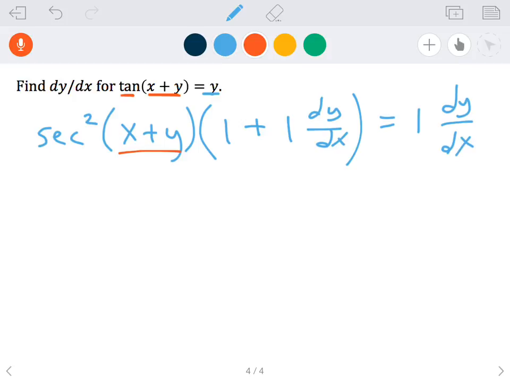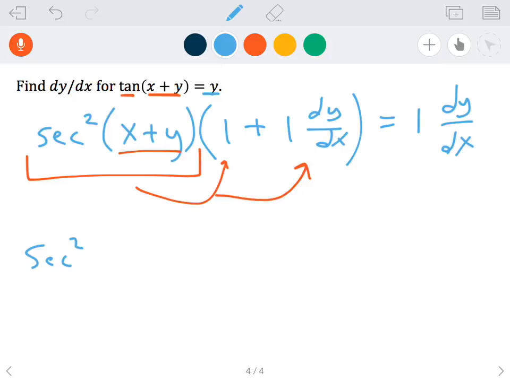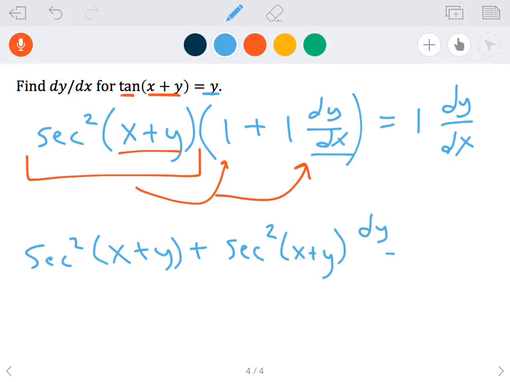I'm going to take this term and distribute it here. I'm going to have to get those dy dx's out of the parentheses for this to work. So distributing, I've got secant squared of x plus y plus secant squared of x plus y times dy dx equals dy dx.